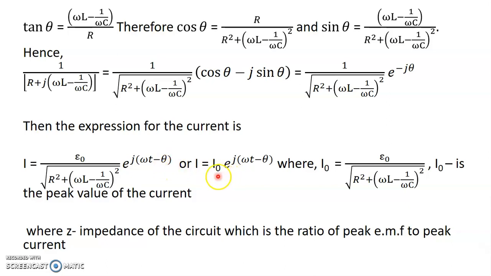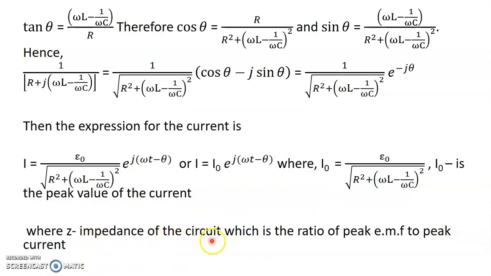Or this can be represented as I naught into e power j omega t minus theta, where I naught is equal to epsilon naught divided by square root of R square plus omega L minus 1 over omega C whole square, where I naught is the peak value of the current and Z is called the impedance.